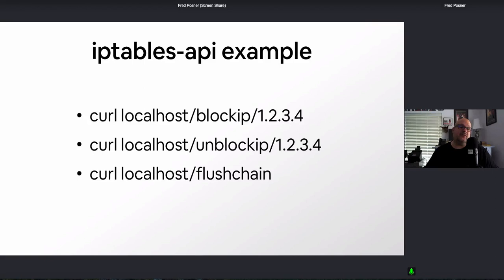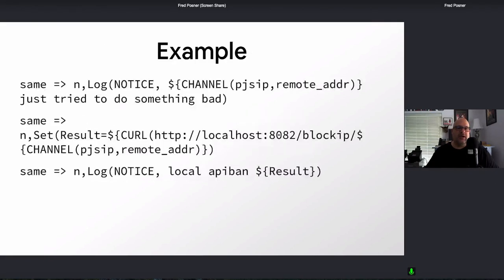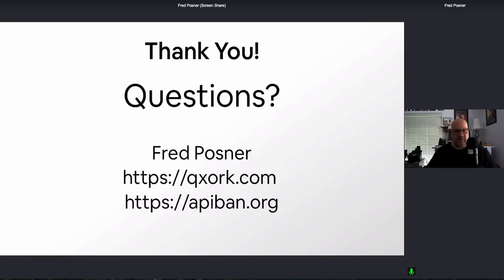The same negatives occur here, though, in that this is just blocking it on one system. Before I get into questions, and I know this wasn't the longest presentation in the world, I do want to say that APIBAN, and in this case iptables-api, are just one tool, and you should never rely on just one tool.